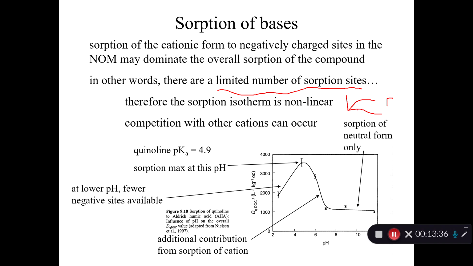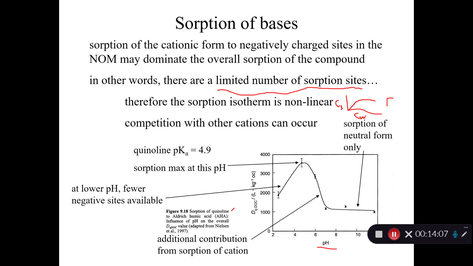So here, in this plot, we're expressing this as a function of CW, right? And this is CS. Okay, but here we're looking not at CW and CS, but at absorption as a function of pH. As a function of pH, you get the most absorption at sort of this intermediate pH. So this is absorption of quinoline onto Aldrich humic acid.